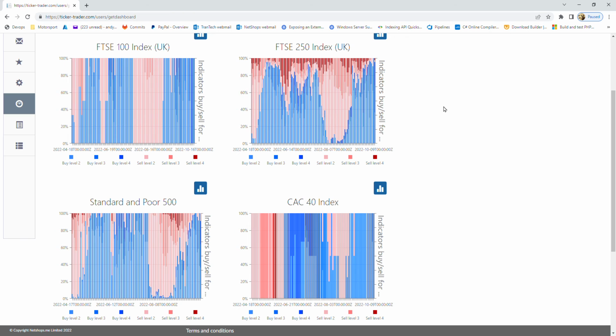So what this chart is telling us is that on a given day here we have over 90% buy signals and less than 10% sell signals. So what it's telling us is the algorithms which generate the signals are suggesting that the market is oversold and there are some buying opportunities.